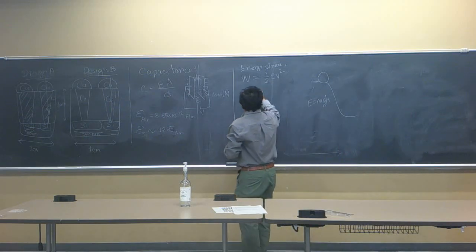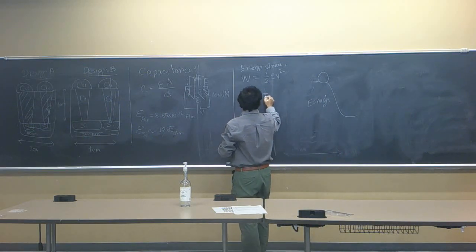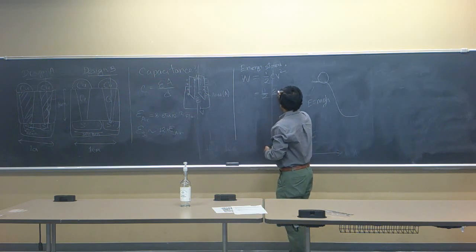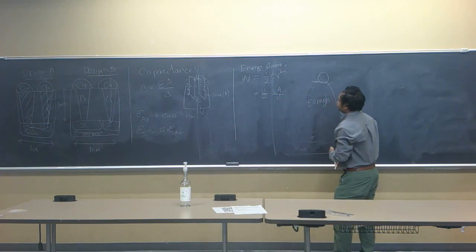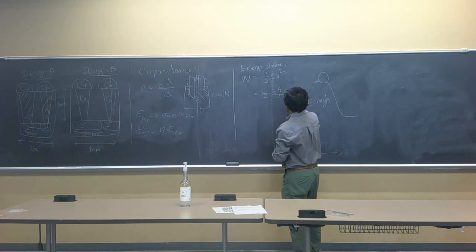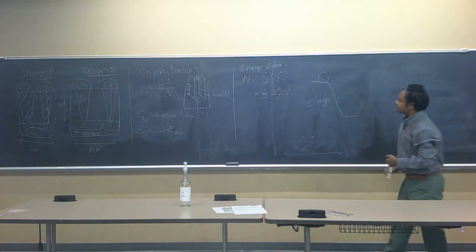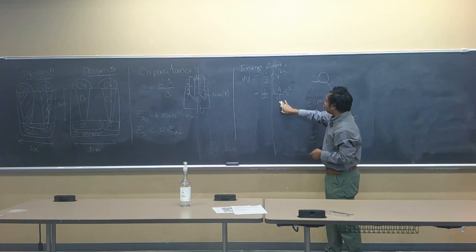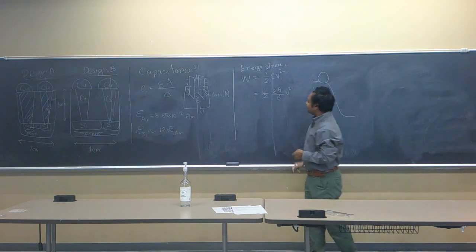So we can go ahead and further rewrite the capacitance in terms of its area and the distance between the conductor metal plates, to get to the following answer: the energy stored W is equal to half epsilon A over D multiplied by V square.